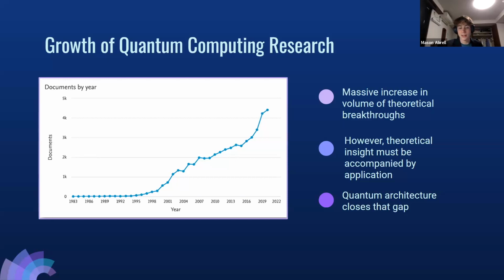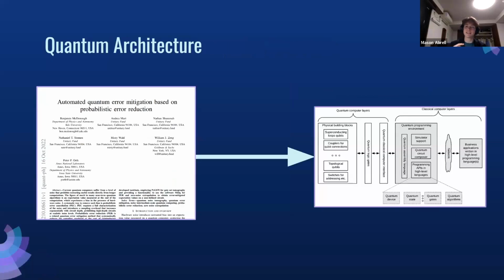For example, we have to take papers like this and implement it into actual architecture. This specifically is on automated quantum error mitigation, quantum correction. But we need to be able to take these systems and incorporate them into already existing architectures. Or if we need to, design new architectures to take advantage of these novel technologies and novel developments.